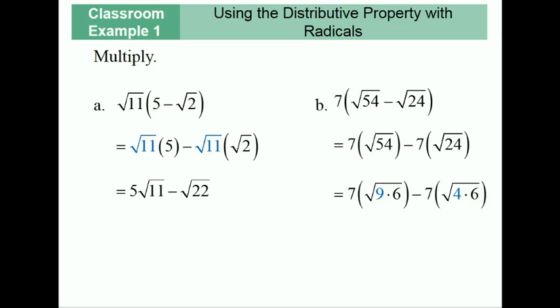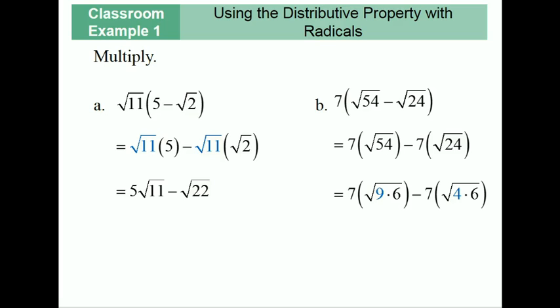So this is what we've been talking about a lot so far, even going back to the class last week, is simplifying these radical expressions, where we look for a perfect square factor. So notice that 54 becomes 9 times 6, and notice that 24 becomes 4 times 6. Notice in the blue here is that perfect square factor.